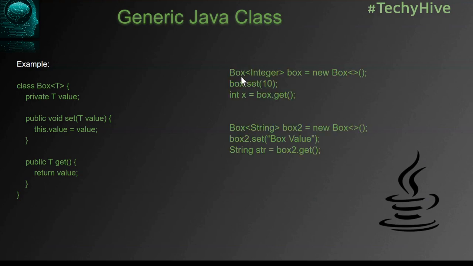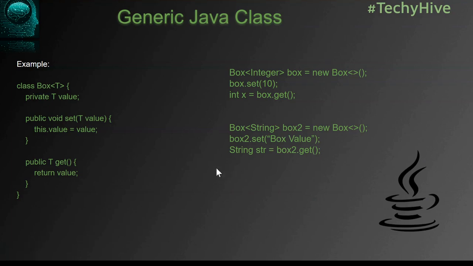On the right hand side, you can see Box<Integer> box equal to new Box. So here we are specifying the generic type T is Integer. So this box will contain integers. And in the second example, we have specified generic type String, and we are creating the object of the Box class. Now this Box, like box2, will contain strings.